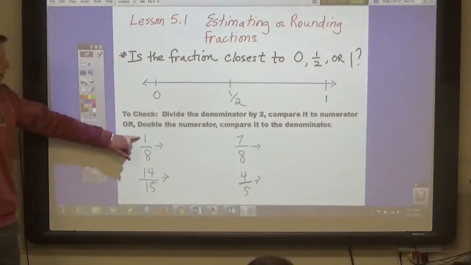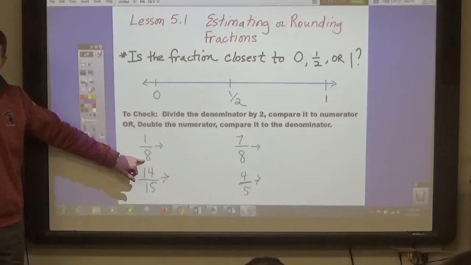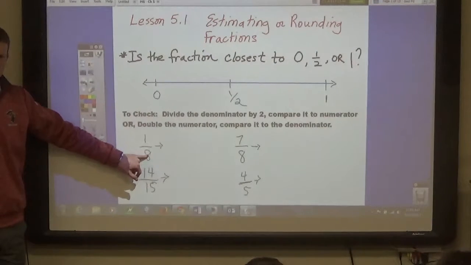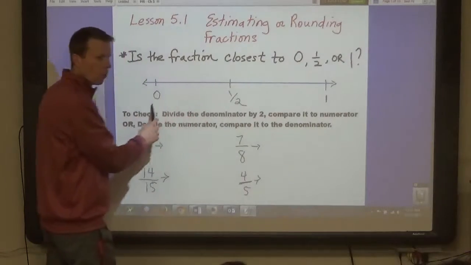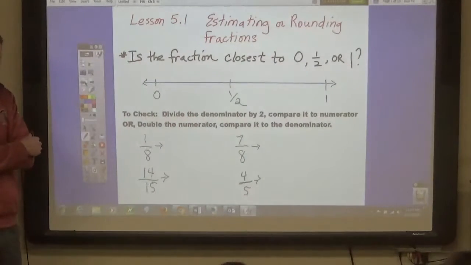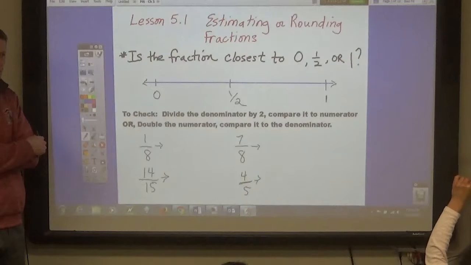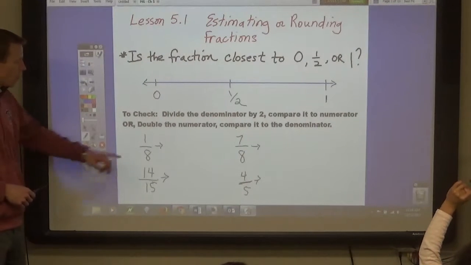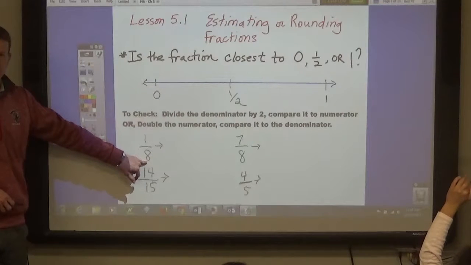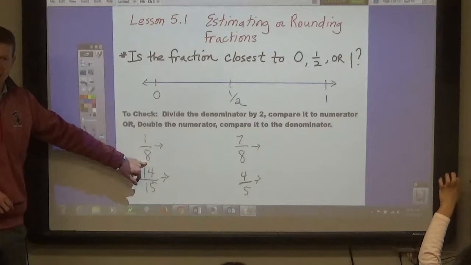Let's say that we take this fraction 1/8. We're trying to decide, is this close to 0, 1/2, or 1? Well, on the number line, 1 out of 8. We can think about that. Okay? What would be half in terms of 8s?